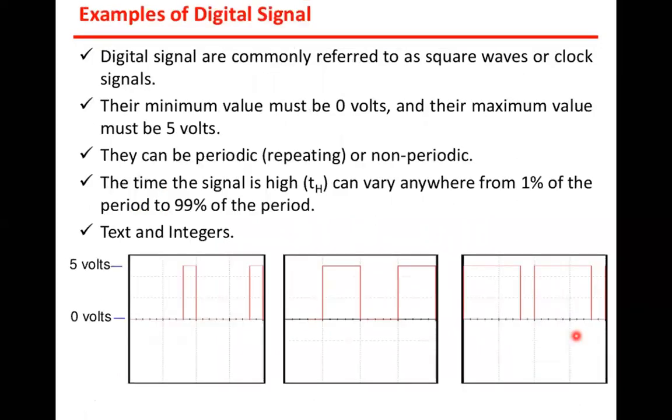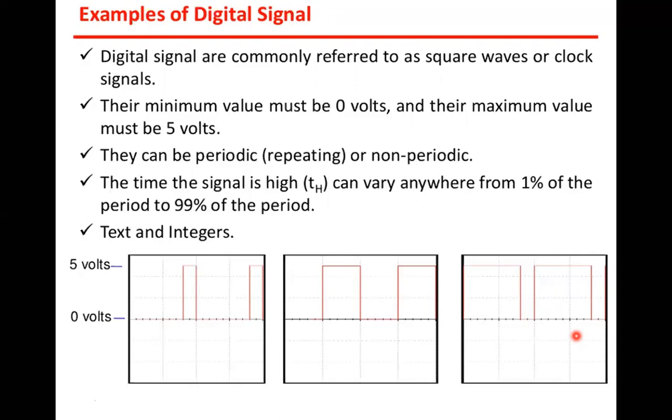Now, examples of digital signals. Digital signals are commonly referred to as square waves or clock signals. Their minimum value must be 0 volts and their maximum value 5 volts. They can be periodic or non-periodic. The time the signal is high can vary anywhere from 1% of the period to 99% of the period.